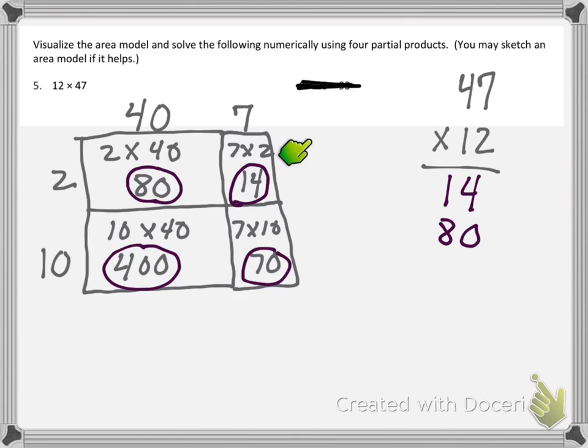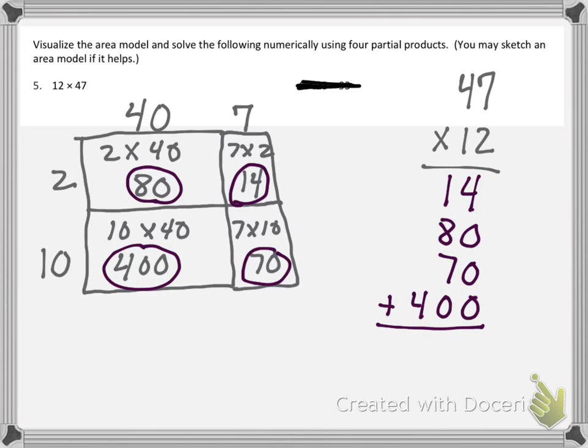On to our third partial product. 10 times 7, 70. And if you look over here, 10 times 7 is 70. And then our last partial product is 10 times 40. 10 times 40 is 400.